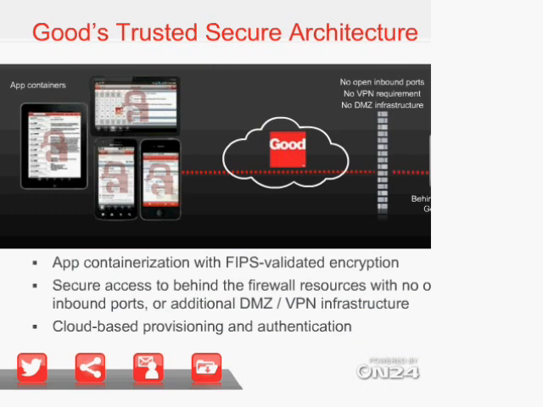Unlike some of the competitive solutions that have independent VPNs on a per-app basis, while that's functional, that also would end up requiring you to build out your VPN concentrators and whatnot. And so we've kind of eschewed that path for the Good path. All the apps are containerized using FIPS validated encryption. And it's really a very nice way to be able to deploy this technology without having to modify your existing infrastructure in any real way.